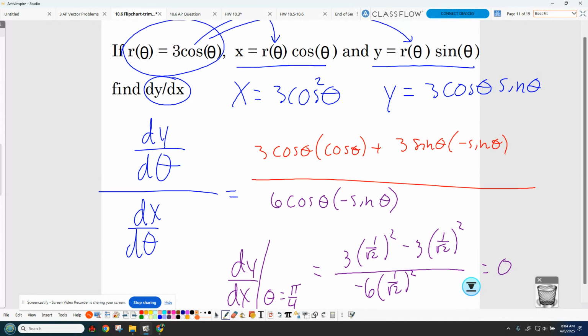Okay, so there's a big ugly formula that I will show you in a minute that is memorizing dy dx when you're given polar stuff. Can you guys just remember the x value is R cosine theta, the y value is R sine theta, and then you have to do dy d theta over dx d theta. It's going to involve product rule.